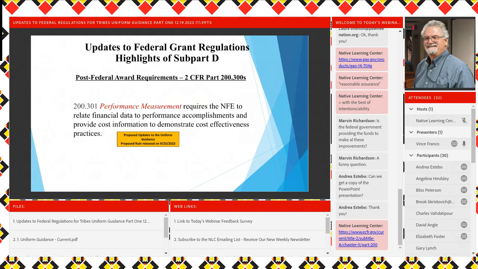Now, this really hasn't changed. There's no change to performance measurement coming up in the proposed changes to the uniform guidance. If anything, there's a doubling down on it. There's more emphasis on performance measurement and data collection. We are seeing, for example, all of our reports.